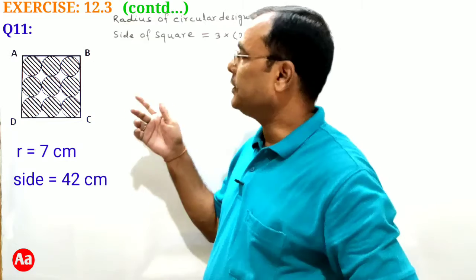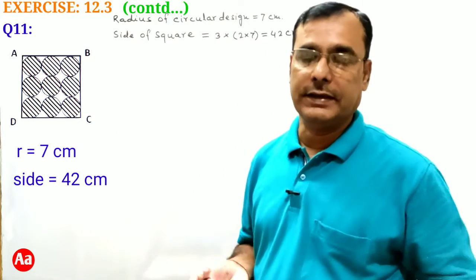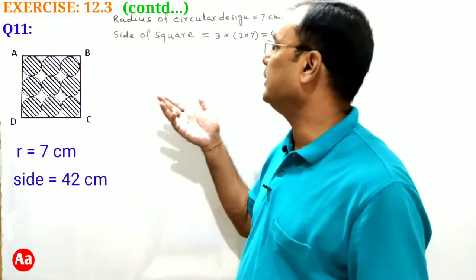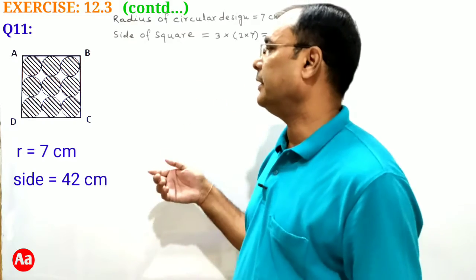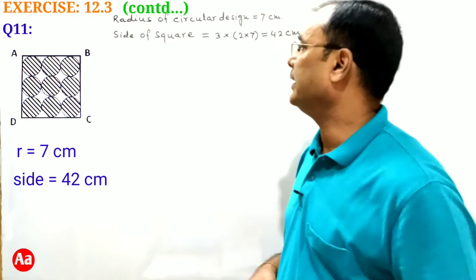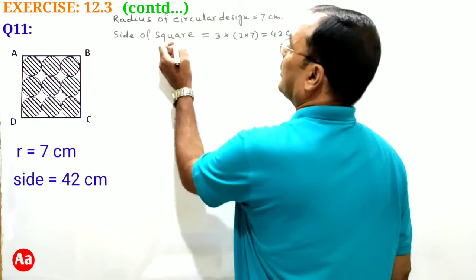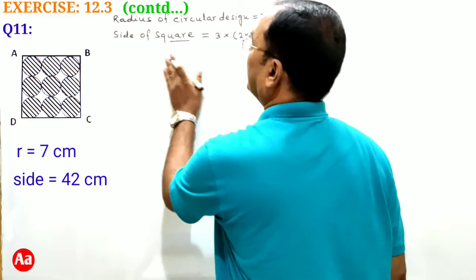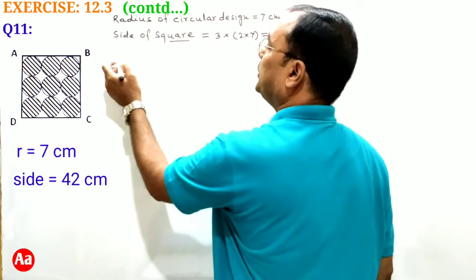So the radius of each circular design is already given as 7 centimeter, and we have found the side of the square handkerchief: 42 centimeter.